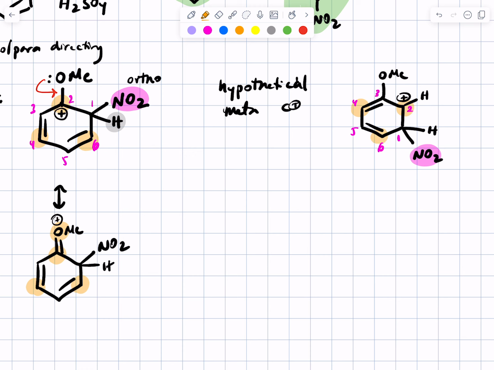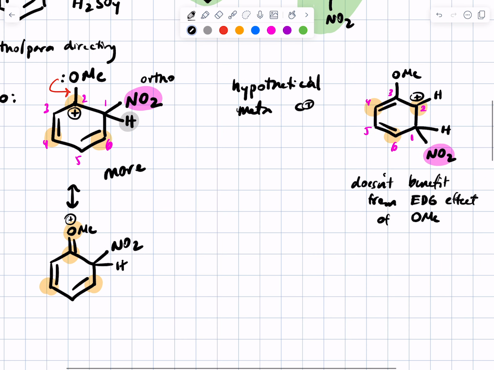But notice that in no case is the positive charge ever adjacent to the methoxy group. So this intermediate does not benefit from the electron donating effect of the methoxy group. So this one, because of the electron donating effect, is more stabilized.